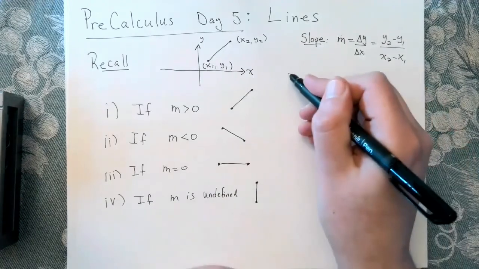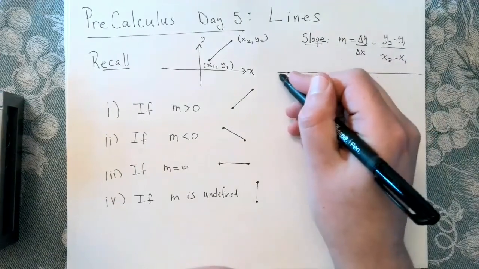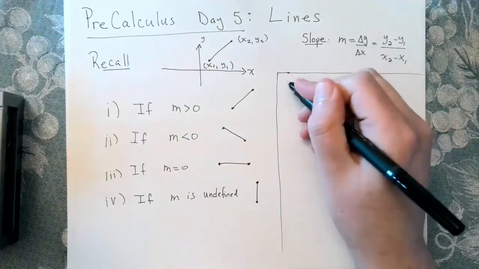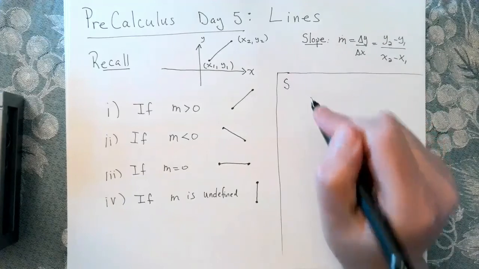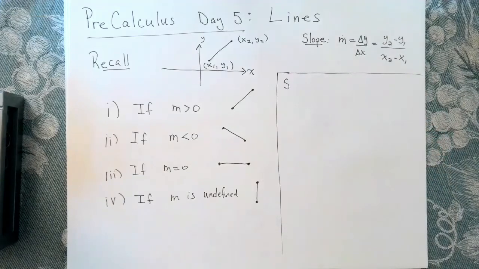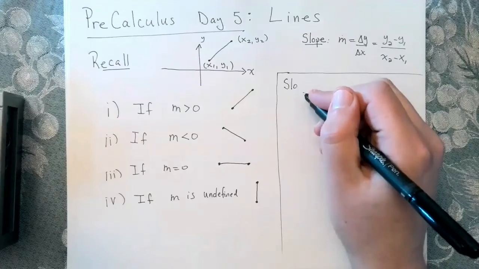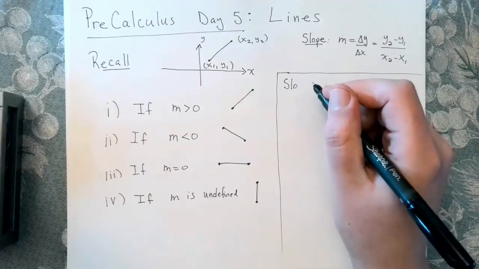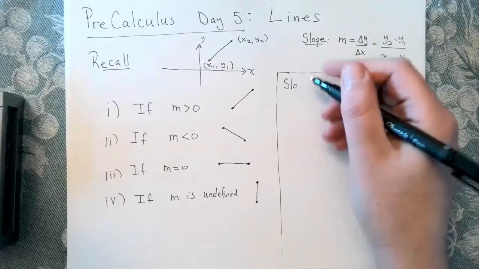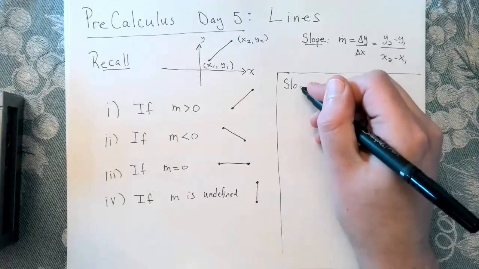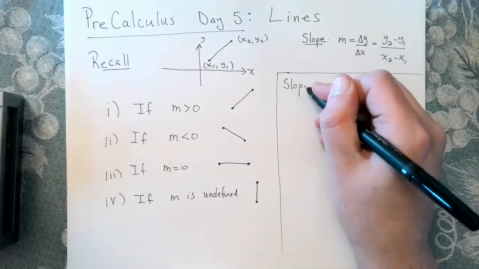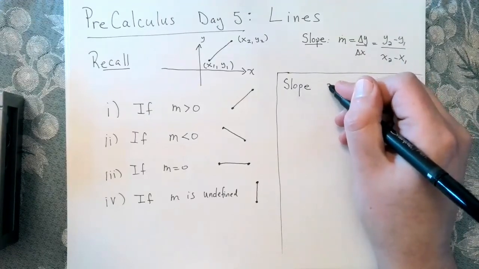I do want to give you a heads up, maybe something you haven't talked about before. Slope actually gives the average rate of change of a function on an interval, and that's really, really useful. It's useful in science, chemistry, physics, engineering, economics, business. It's useful in a lot of places. So I want to note that as a heads up for your future.